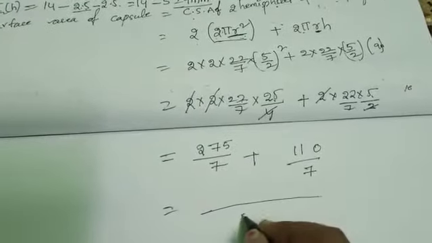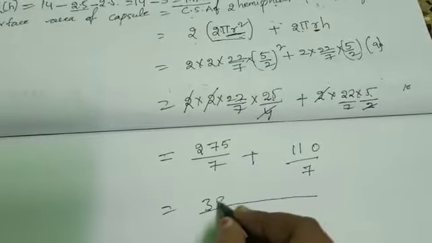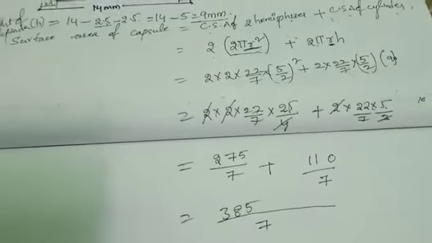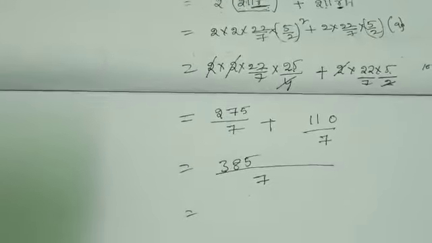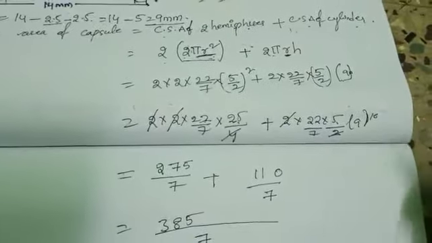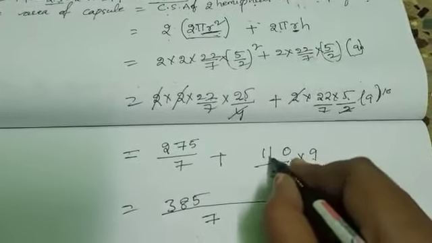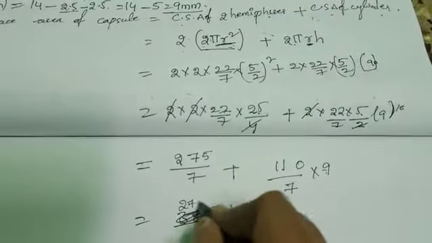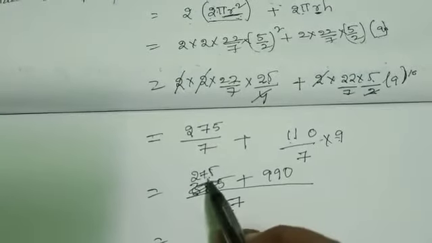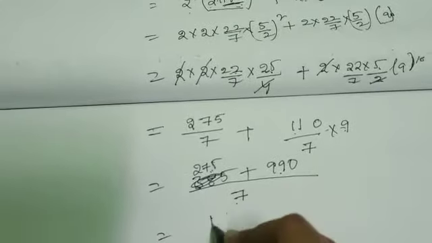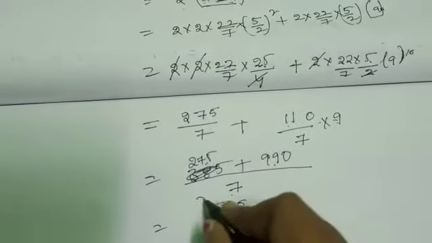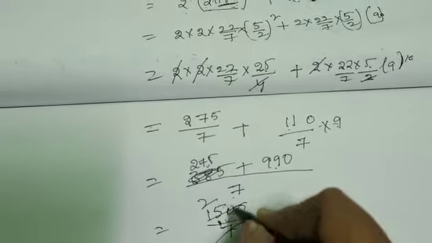Finally, therefore, surface area of capsule equals, here 9 is there, into 9 into 110, and this 275, LCM is 7, 275 plus 990, which is equal to 1540 by 7. 7 twos are 14, remaining 1, 14, 7 twos.